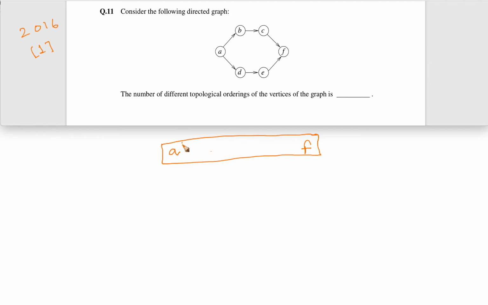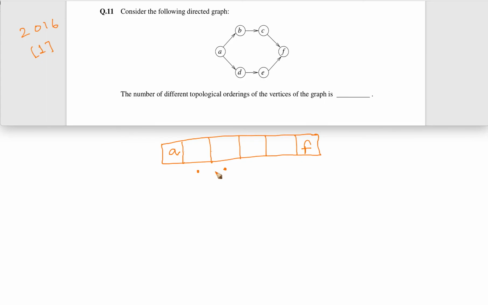Now let's consider it in terms of slots. There are 6 slots, and we have to fill in the different vertices in these slots such that the properties of a topological ordering are satisfied with respect to this directed graph. As we have already mentioned, A will be the first one, F will be the last one. Now we have to consider in how many ways the rest of the nodes, B, C, D, E, can be put here. Let's start with a simple situation. Let's firstly choose any 2 slots from these 4 slots.